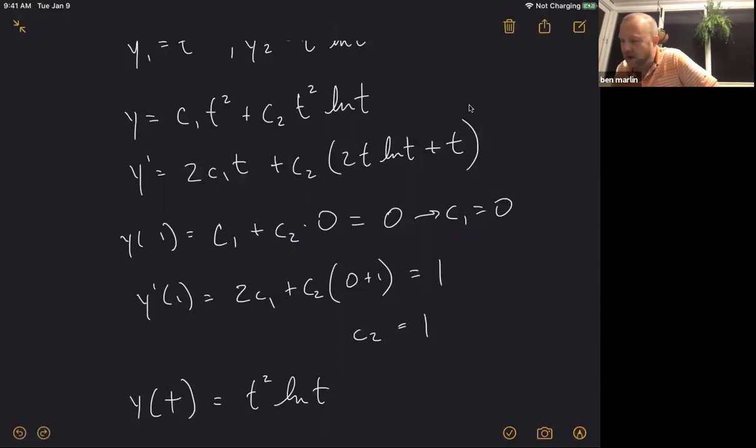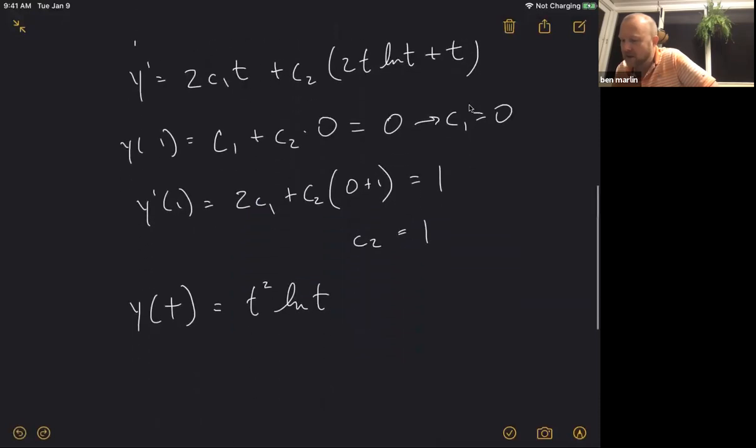Then on the other end of it, plugging in the 1 for the derivative, you'll end up with a 2c1 plus c2. But we knew that c1 was 0, so that means c2 has to be 1. Okay? And so plugging back in, that says that you have 0 times t squared plus 1 times t squared ln t. All right?